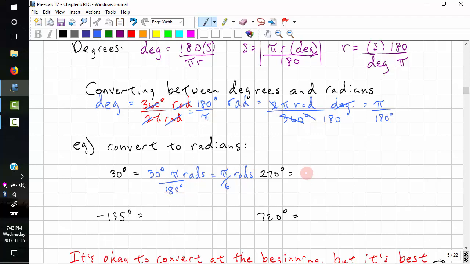And 270 degrees times pi over 180 degrees radians. Degrees cancel out. 90 is our common factor, so 3 and 2. So we get 3 pi over 2 radians.